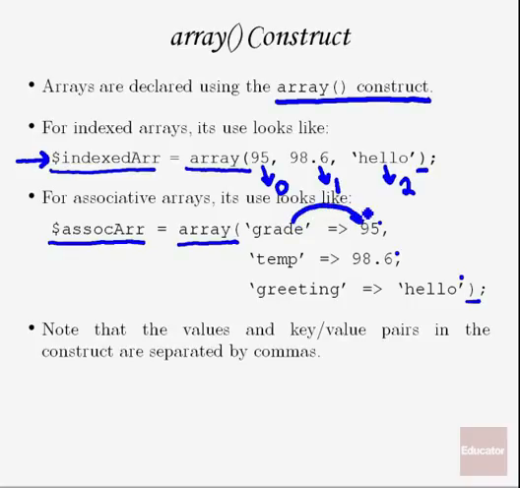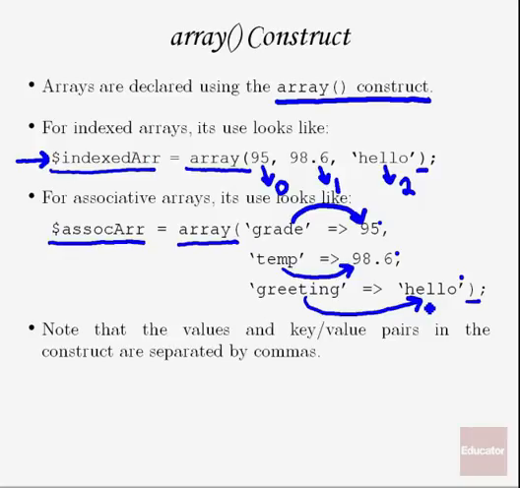So for example, we're using the string grade to refer to 95. Maybe that represents a grade on a test. We're going to use the string temp to refer to the temp 98.6. And maybe we have a string that's going to be a greeting, and so we'd reference that with greeting.